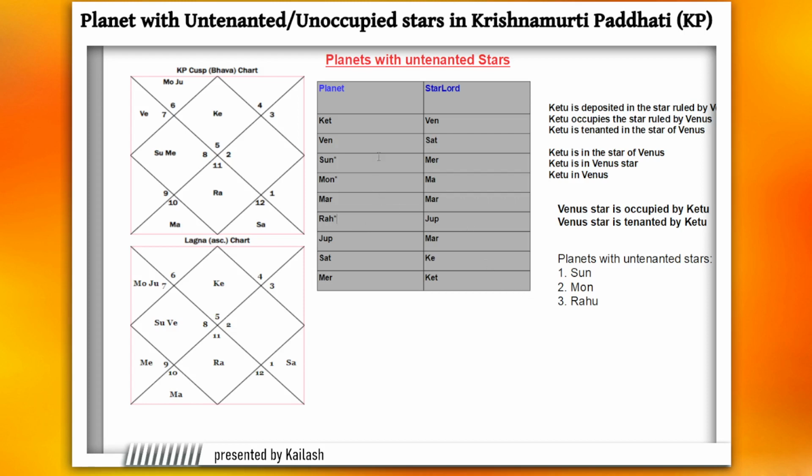So now to look at the special signification these untenanted planets take on, let's look at the signification table.